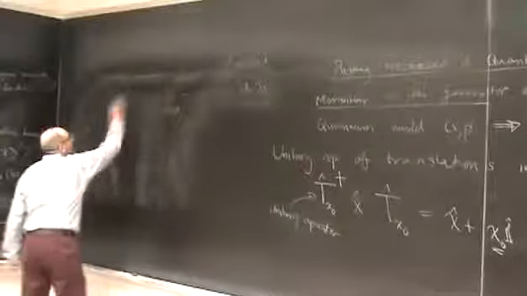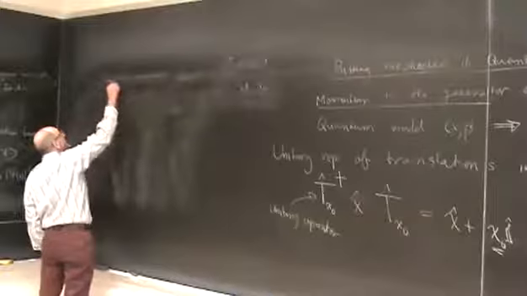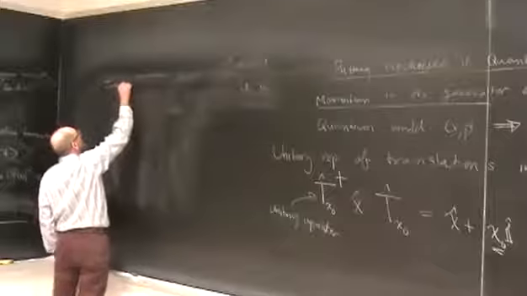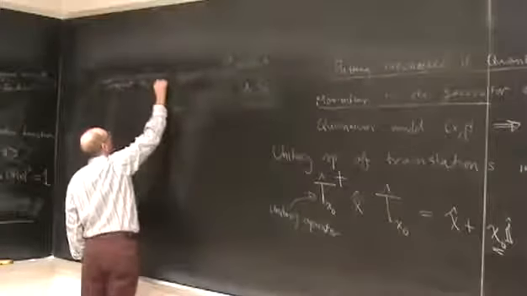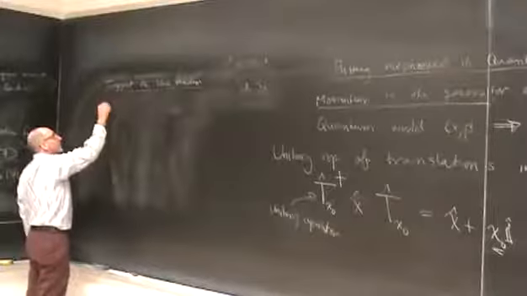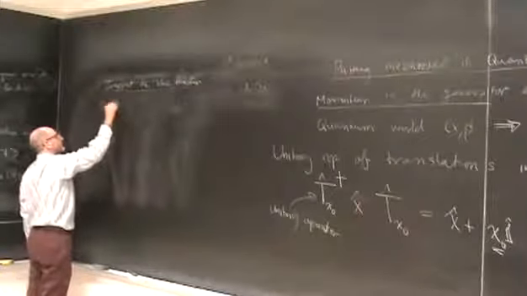So, when we interpret the wave function, what we have here is a resolution of the identity, which is a positive operator valued measure.